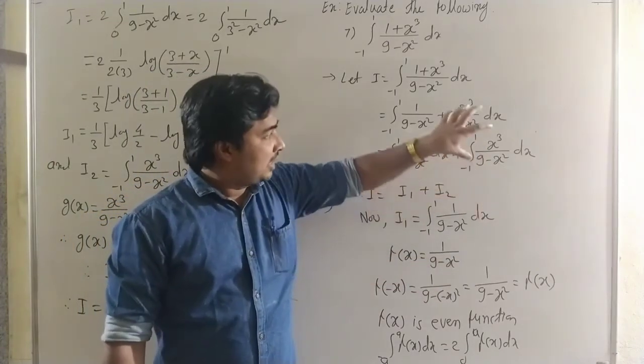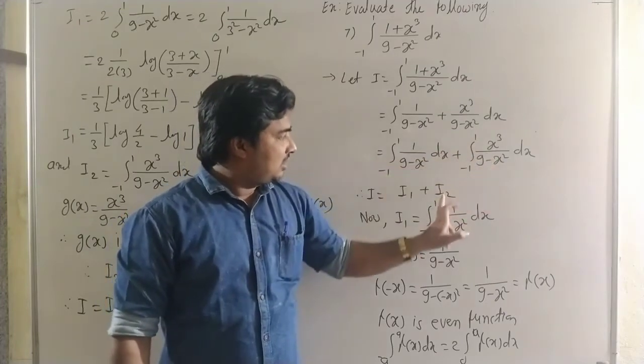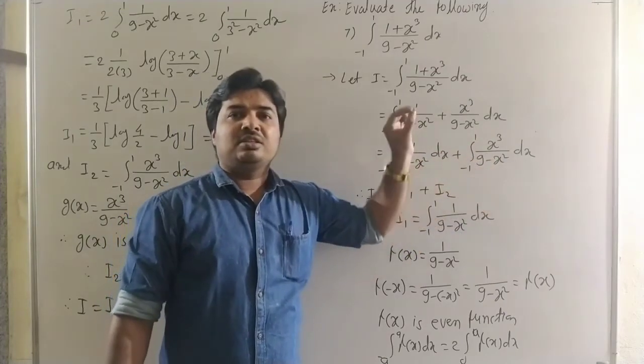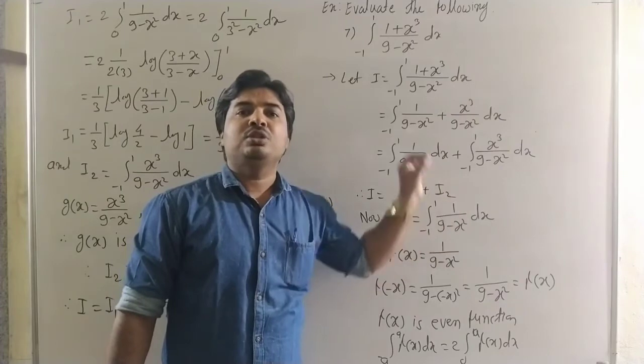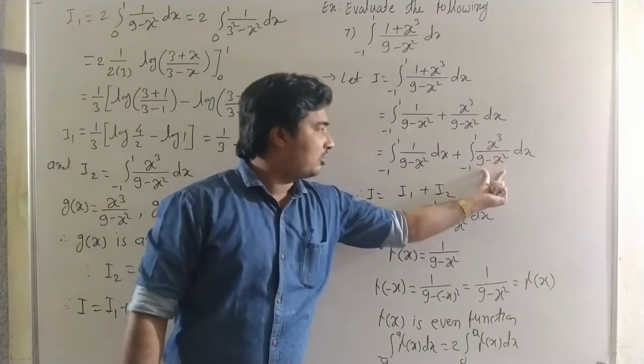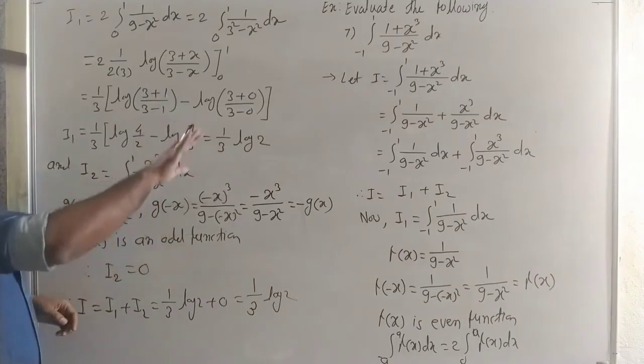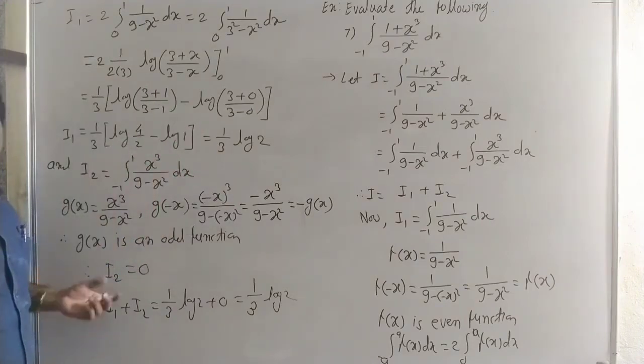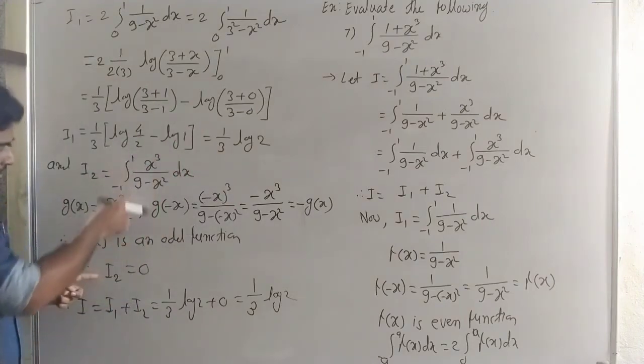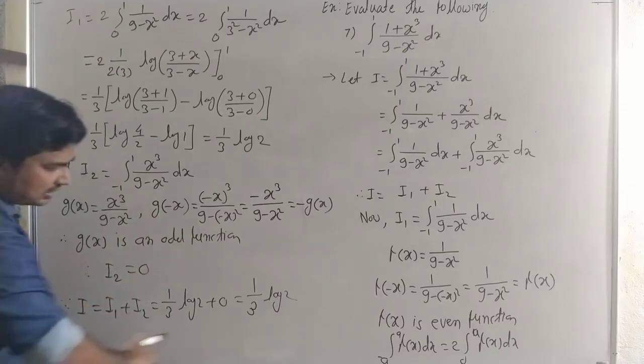That is, the second integral is easy by using the property. It is an odd function, then the value is 0. If we directly solve and put the limit, then the answer we get is 0. Here by using the property, this is 0 and it is the last answer.